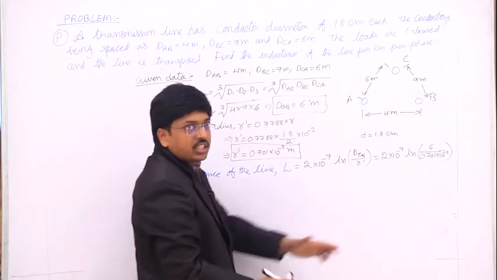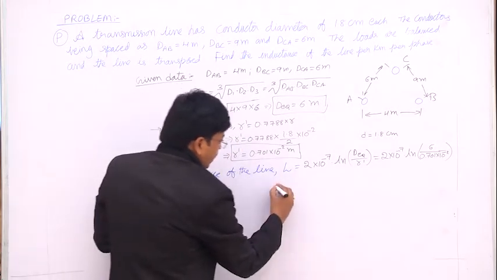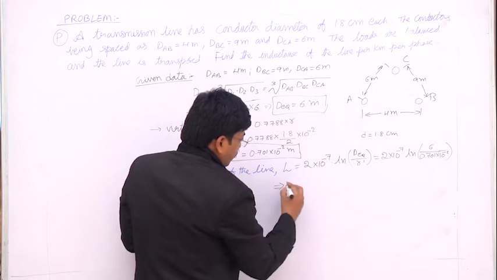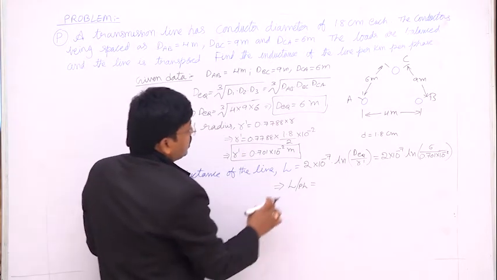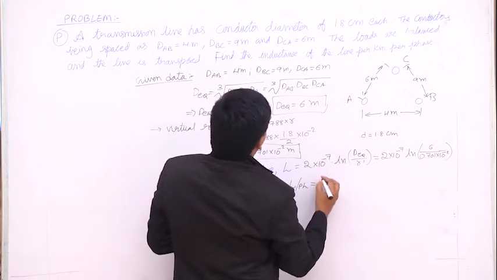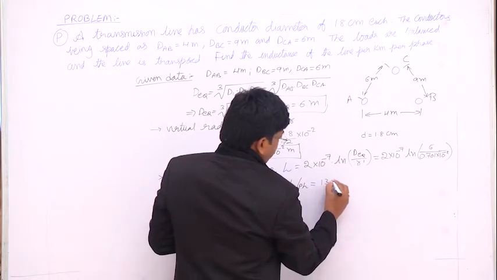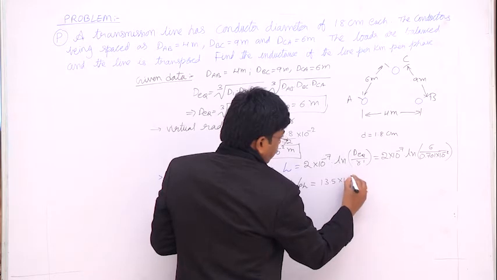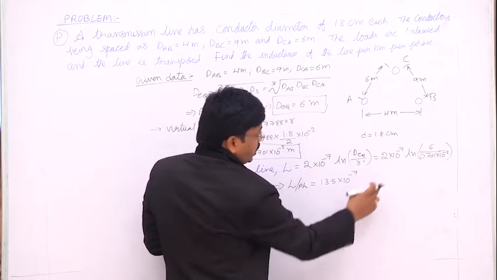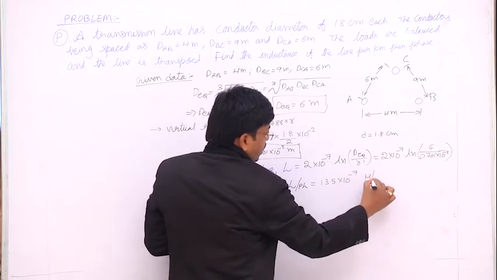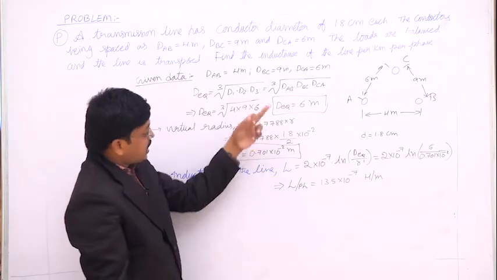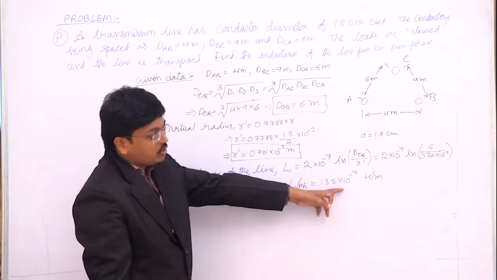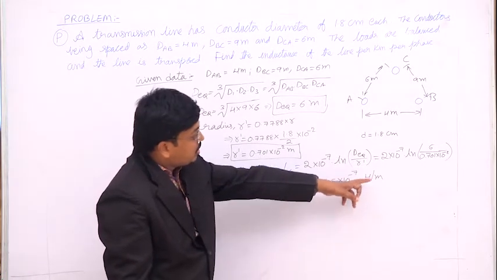Using the calculator, the per phase inductance is obtained as 13.5 into 10 power minus 7 Henry per meter.